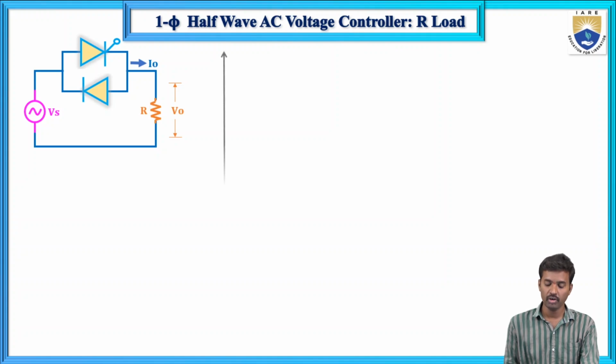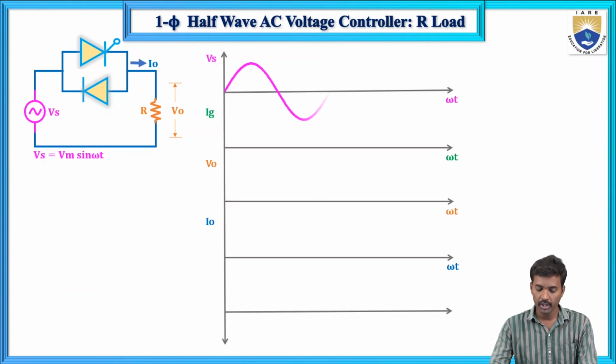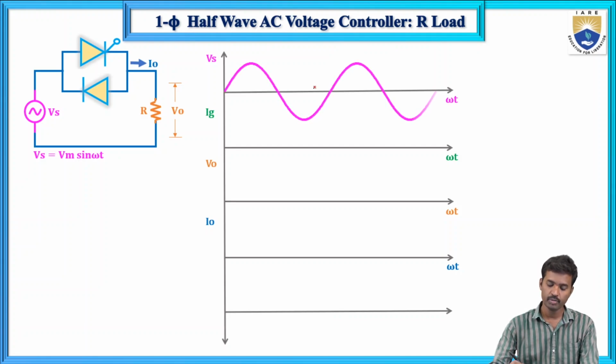Now if you see the waveforms, we are giving the AC voltage, and the waveforms are the supply voltage, gate current pulses, output voltage and output current. This is the supply voltage Vs equals Vm sin omega t, where Vm is the maximum value.